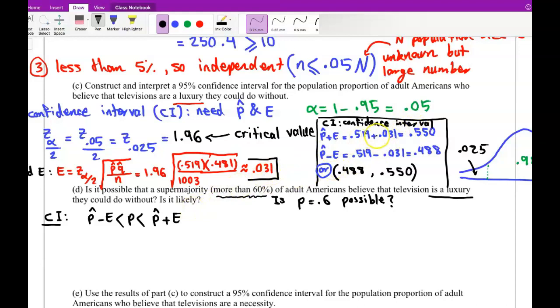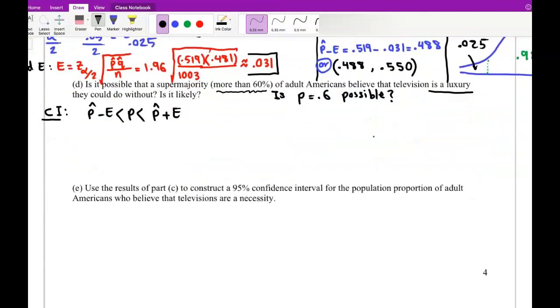So using what I had in part C, here in part D, for lower bound we got 0.488, and for upper we have 0.550. So using that for here.